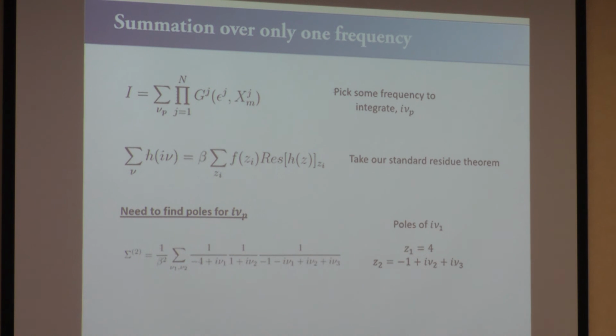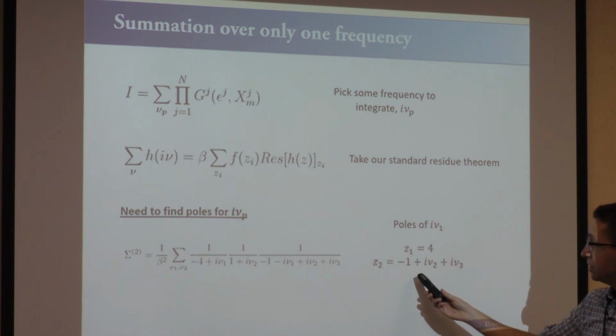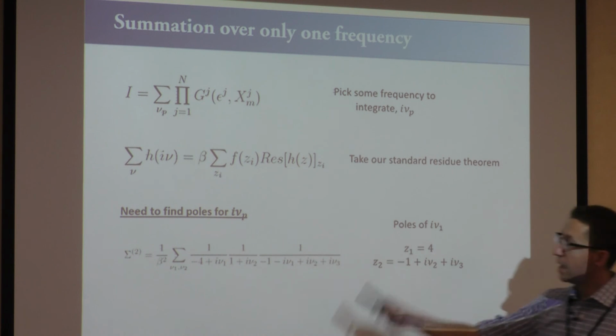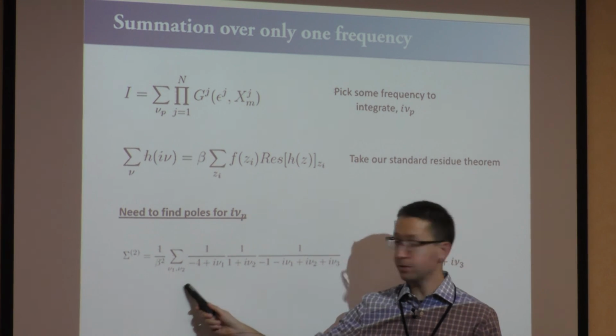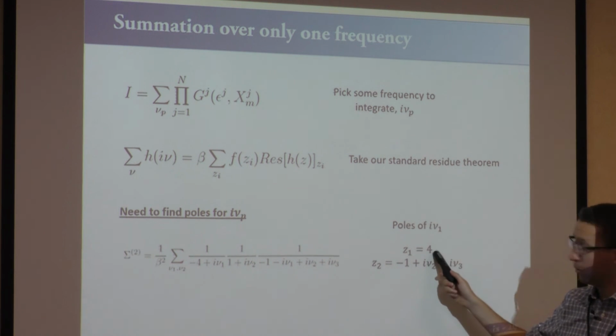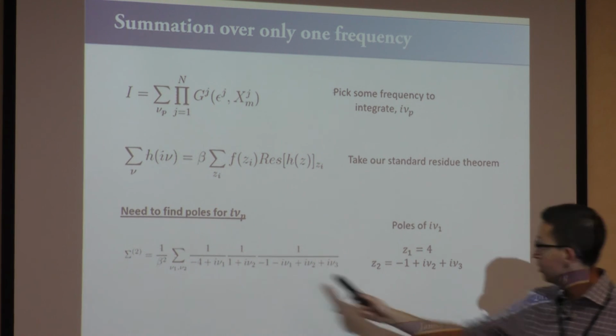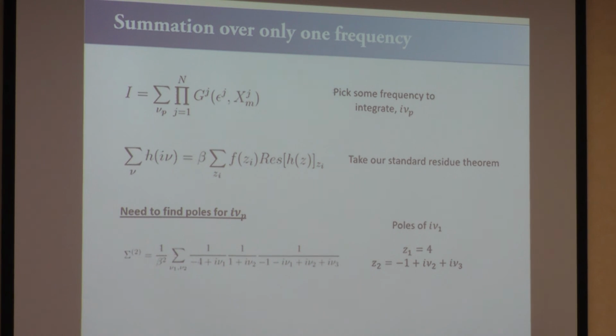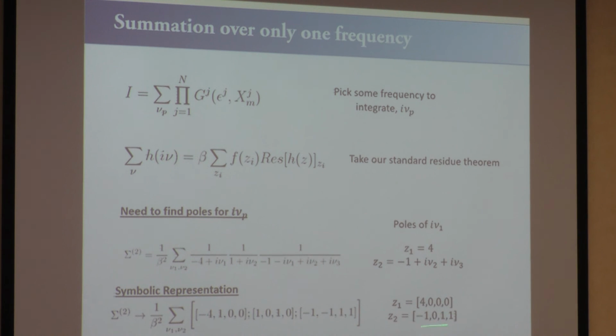Here I have two integrals, and I'm going to do the integral over nu 1. The first element has a known pole at 4, and the third element has a known pole at -1 plus i nu 2, etc. So the storage or the symbolic representation of the poles looks exactly like the symbolic representation of the Green's functions. If I want to substitute a pole into a Green's function, I just add the two objects. Okay?